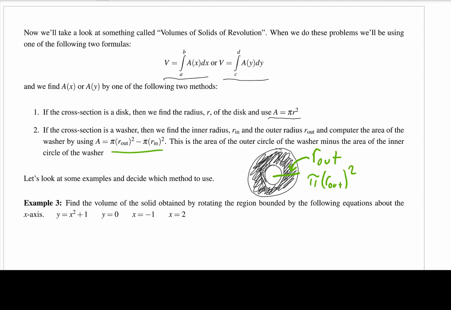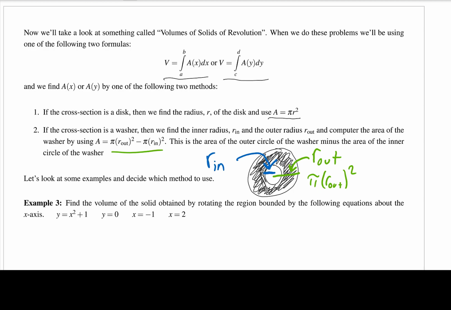Now we need to take away the area of the smaller disk that we removed from this. So this smaller disk, if we look at something like this, we're going to call this R in. This is the inner radius.